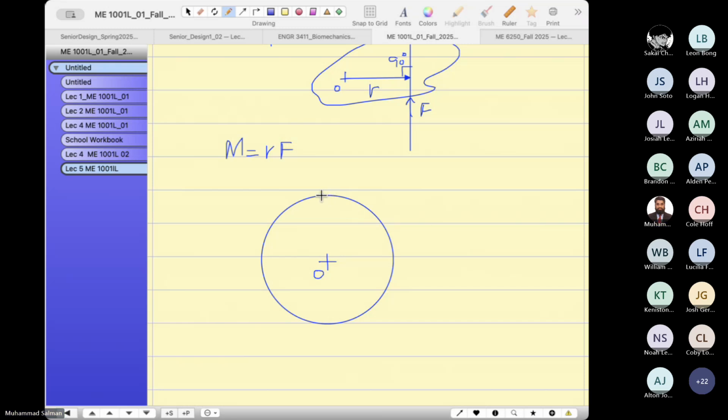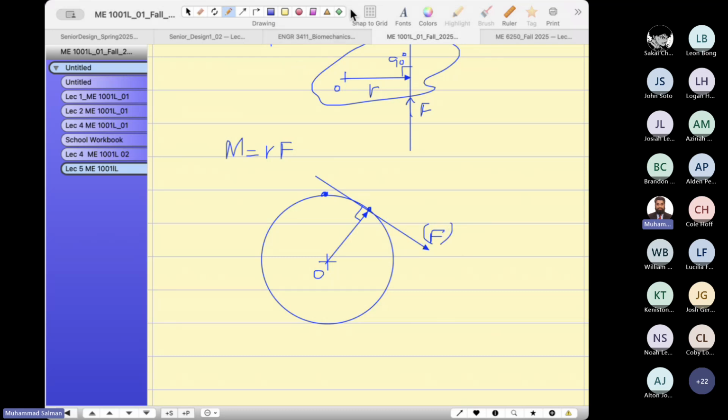These are the 2 points, and the force is acting at these 2 points. Suppose this is the tangent to this point, and the line between the tangent and the center is perpendicular to the tangent, as we have studied. So this is my force. How are you going to find out the turning effect of this force on the gear?